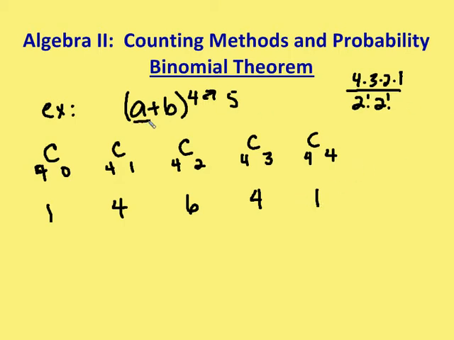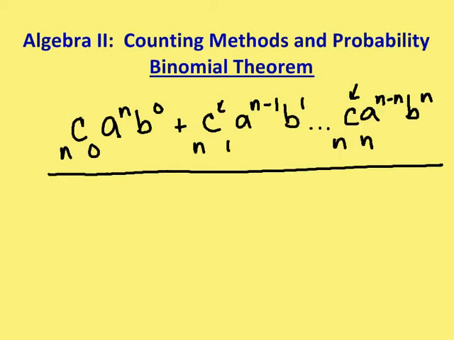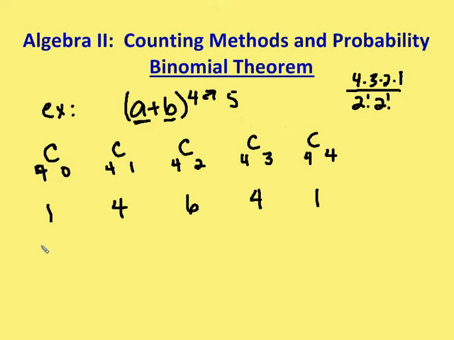Now I'm going to tackle each of the individual variables in the expansion. Remember, we'll go back to our equation. The first variable, a, I'm going to take as a to the n. In this case, it's going to be 4. And then b is going to be to the 0. And anything to the 0 is just 1. So I rewrite this. I'll take the coefficient of 1, which I don't really need to write, but a to the 4th, b to the 0.